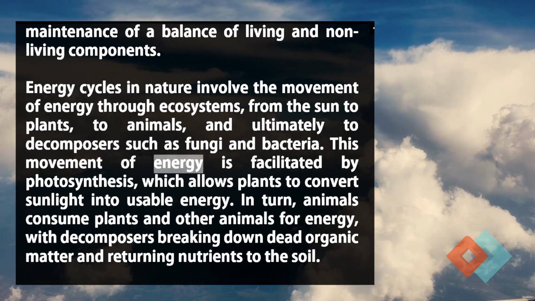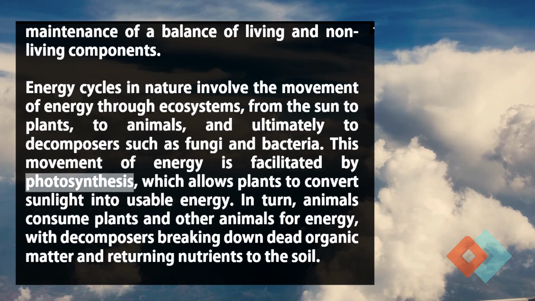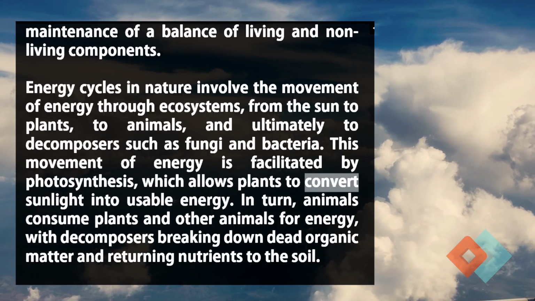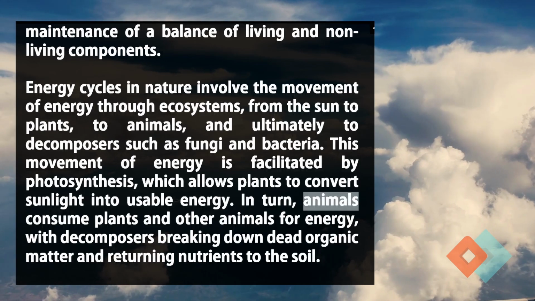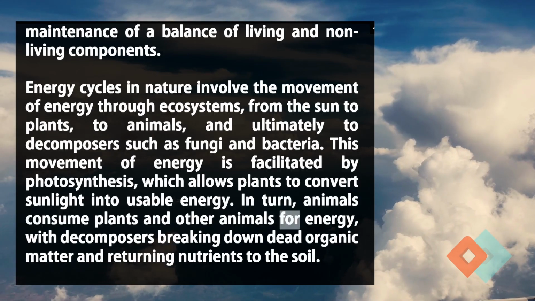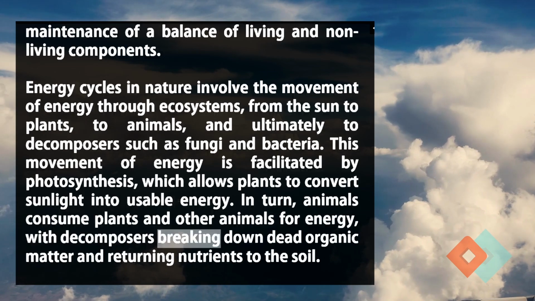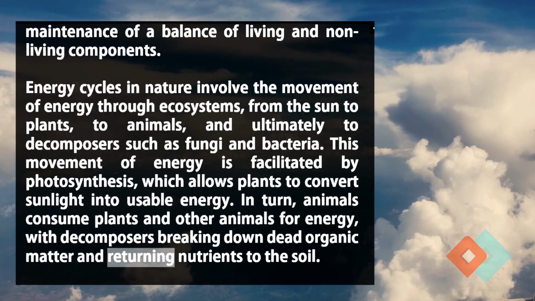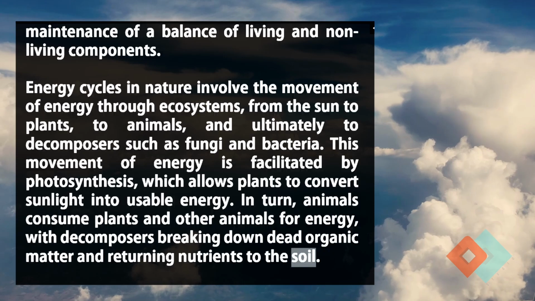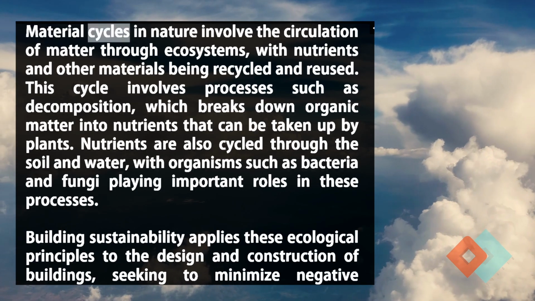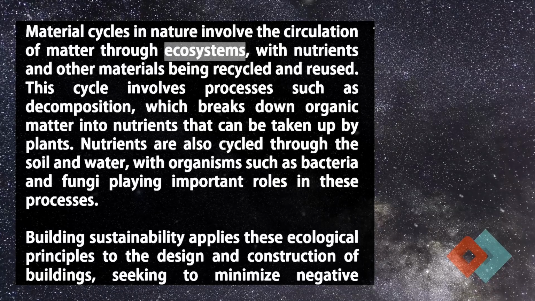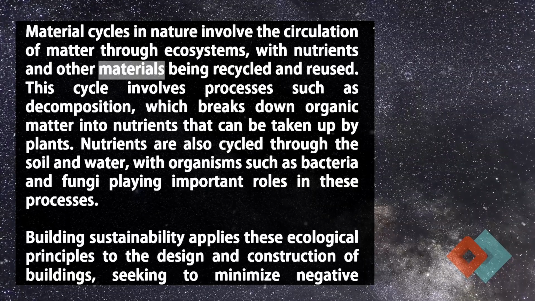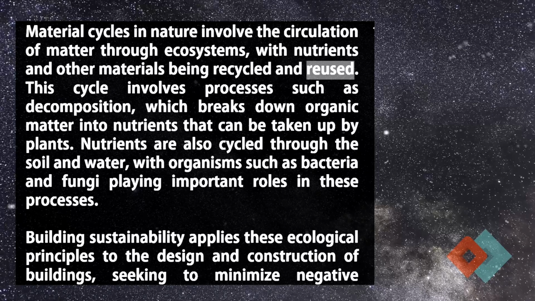This movement of energy is facilitated by photosynthesis, which allows plants to convert sunlight into usable energy. In turn, animals consume plants and other animals for energy, with decomposers breaking down dead organic matter and returning nutrients to the soil. Material cycles in nature involve the circulation of matter through ecosystems, with nutrients and other materials being recycled and reused.